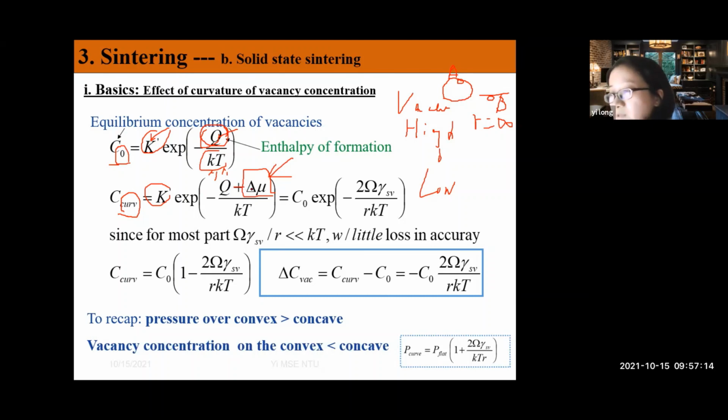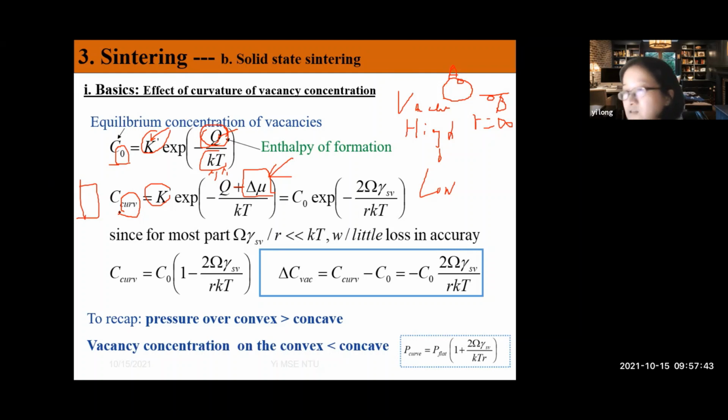Then we do a bit of manipulation here. Since this is one of the tutorial questions, we don't have much time to explain the details, so I'm going to explain more later, but the concept is this. If you want somewhere to become a vacancy, you have to overcome the energy to become a vacancy. But once you form a curvature, you need to overcome extra energy, which is this delta mu.